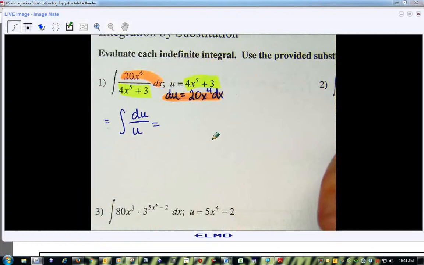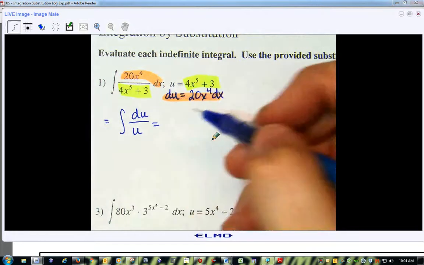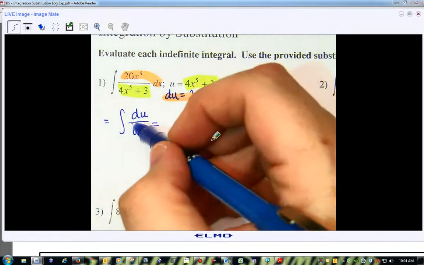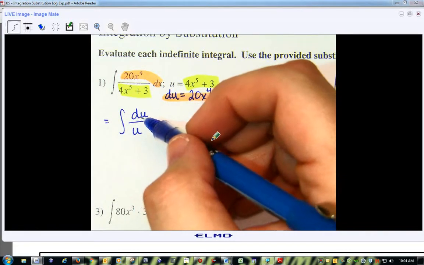Now we go back and we look at our rules. And do we have a rule for this? Well, do we know a derivative that's 1 over u? Natural log, right?